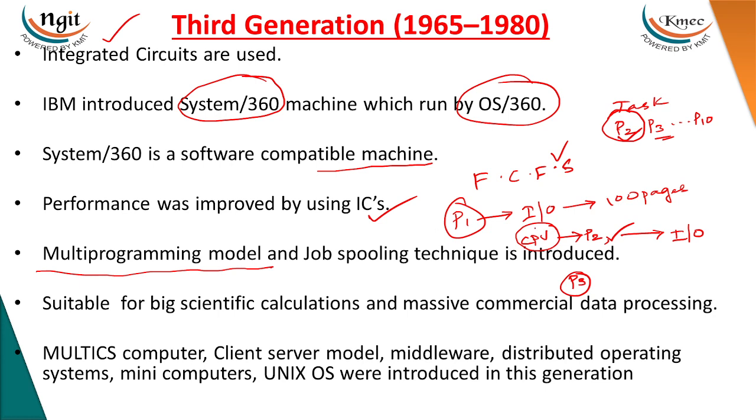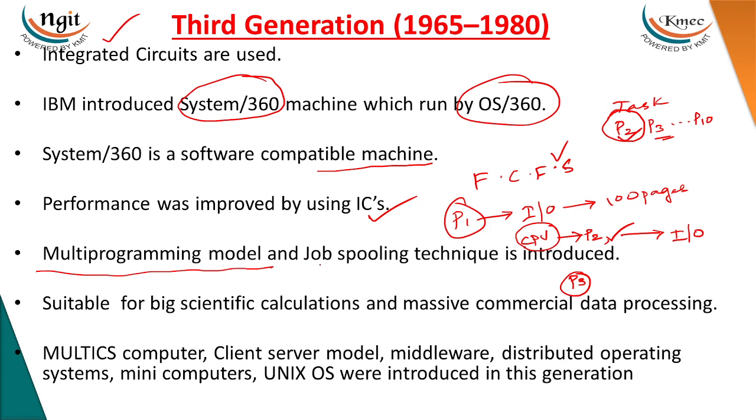That means if any process needs IO, it goes to the IO device, the CPU would be idle, so we send the next process in the list to the CPU. If that process also goes for IO, we send one more process, so that the CPU is busy all the time.